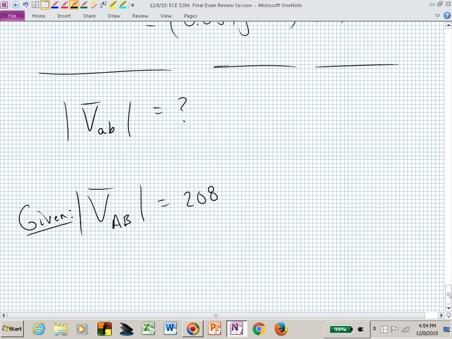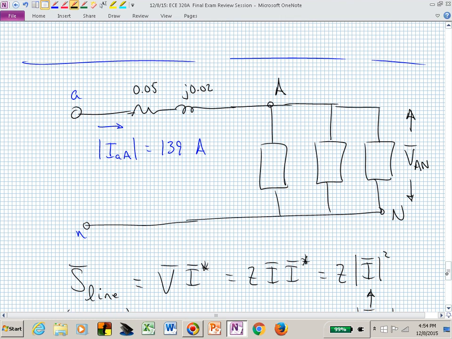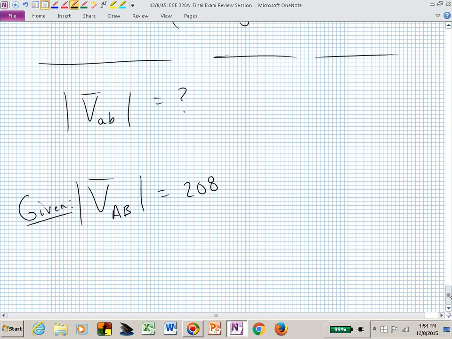What if you wanted V sub AN? If you needed V sub AN completely, you would need to know the phase sequence, whether it was positive or negative.